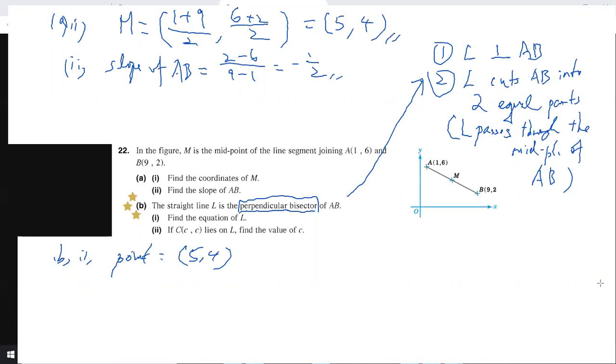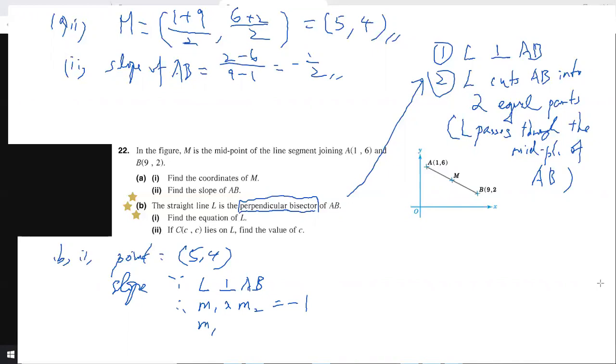So we are going to use the coordinates of M to be the point here, okay? And then how about the slope? Because we know that L is perpendicular to AB, therefore we can say that M1 times M2 is equal to -1, right?